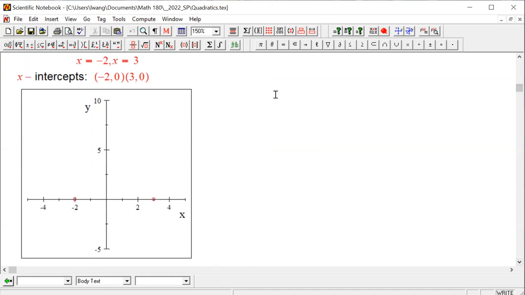Now if you sketch it on paper, you don't have to graph it precisely, and the curve is going to look like this. It opens up and crosses the x-axis at these two places.